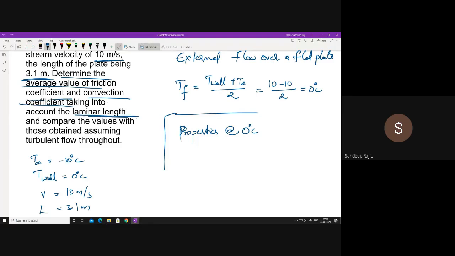This is very important. So we should consider the laminar values, and he's also asking you to compare those with assuming it to be fully turbulent. So both the things you have to do.